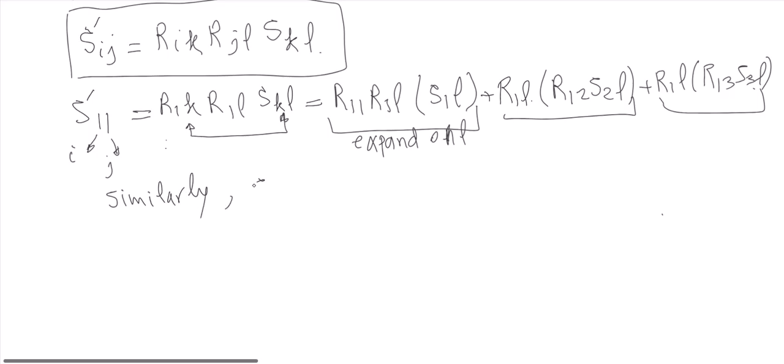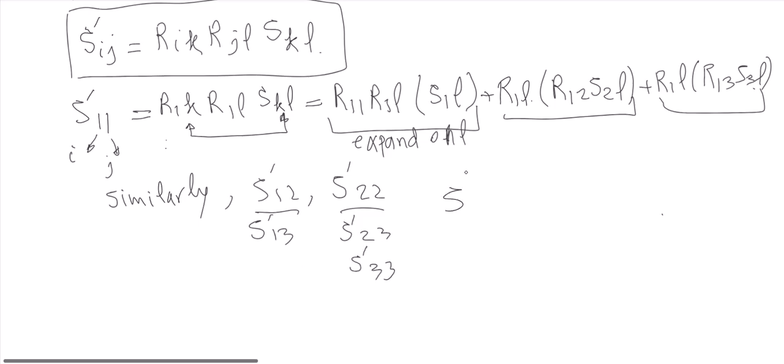you could get S prime 1 2, S prime 2 1 is, let's say, assume symmetry, and then S prime 2 3. You may say, okay, I want to do it 3D. That's fine. You could go S12, S prime 1 3, S prime 2 3, and S prime 3 3.